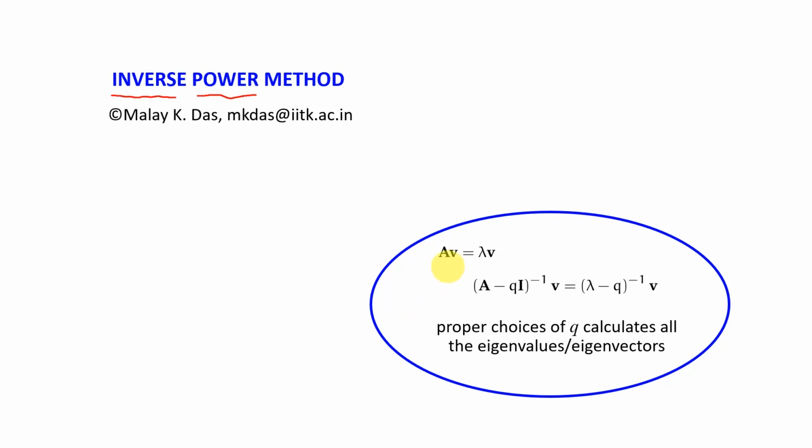The idea is very simple. We start with the same problem AV equals lambda V, and then we show that (A minus QI) inverse V equals (lambda minus Q) to the power minus 1 V, which means that if for a matrix A the eigenvalue is lambda and the eigenvector is V, then for the matrix (A minus QI) inverse the eigenvector is the same V, but the eigenvalue has changed to (lambda minus Q) to the power minus 1.